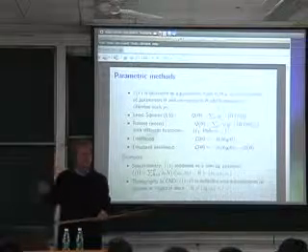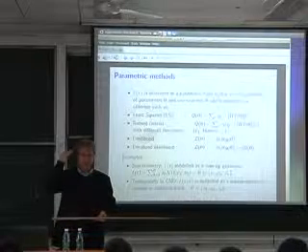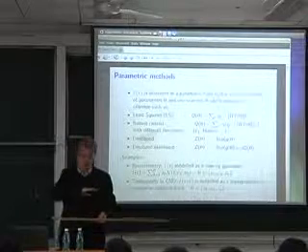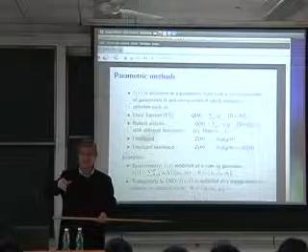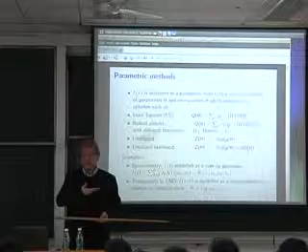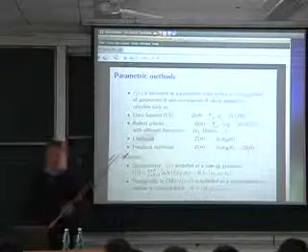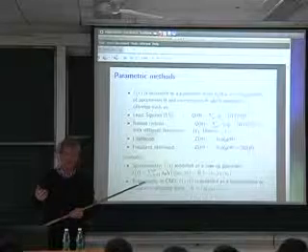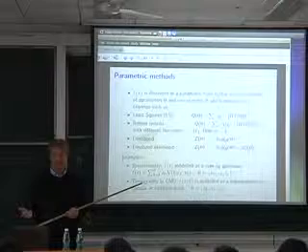But this cannot be applied, for example, in medical imaging, where you are looking for a section of the body. You do not know. The shapes are no more circles everywhere. You want to make really an image. Okay? So these parametric methods can be applied in very specific cases, not everywhere.